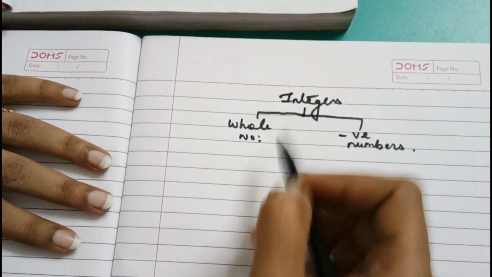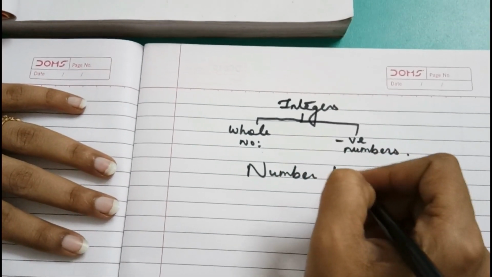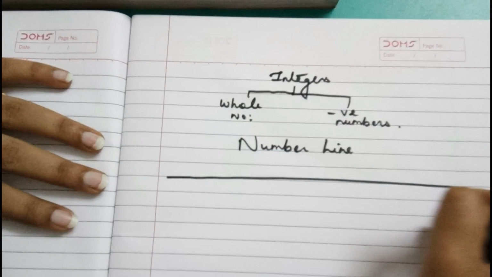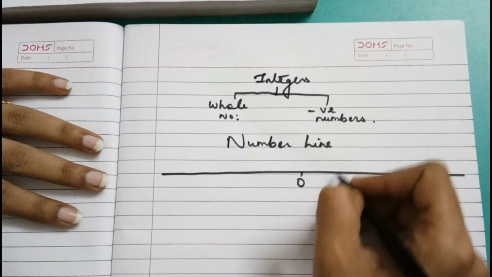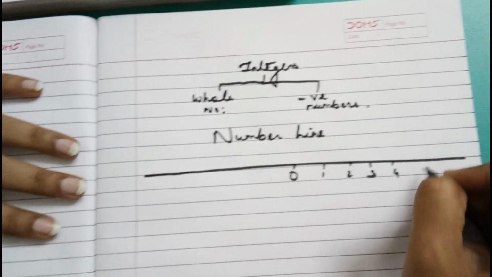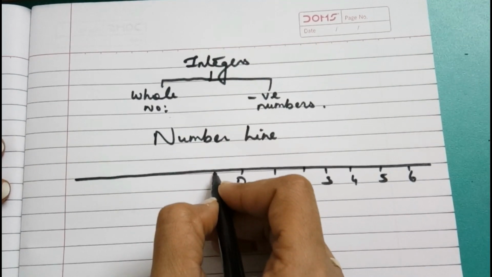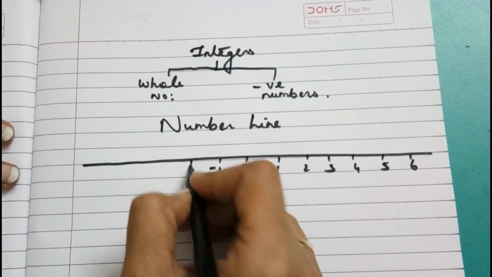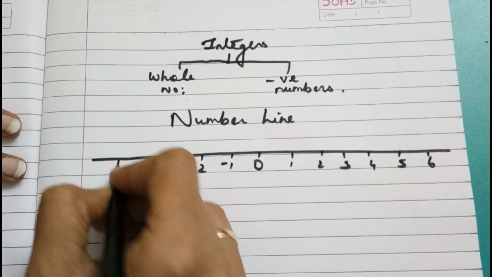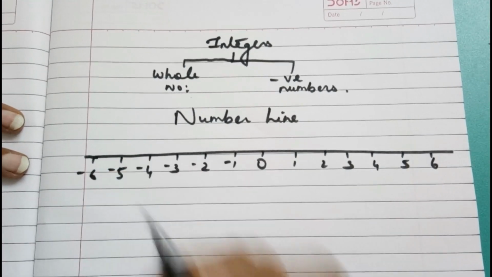The integers are represented on a number line. Now how do we draw a number line? Say for example 0, 1, 2, 3, 4, 5 and 6. On the left side it comes -1, -2, -3, -4, -5, -6 and so on.